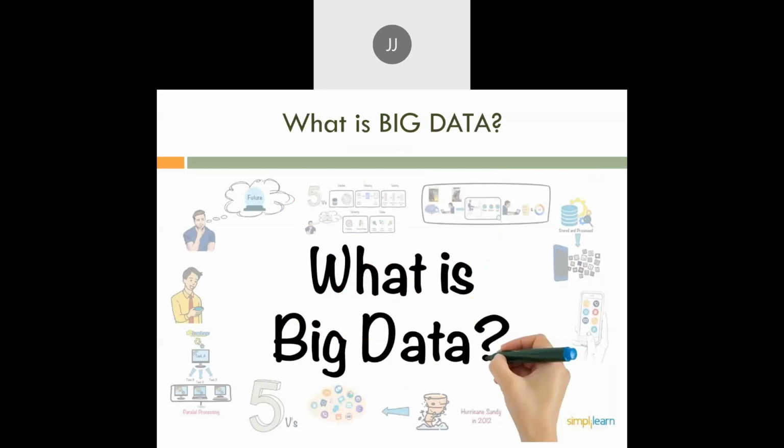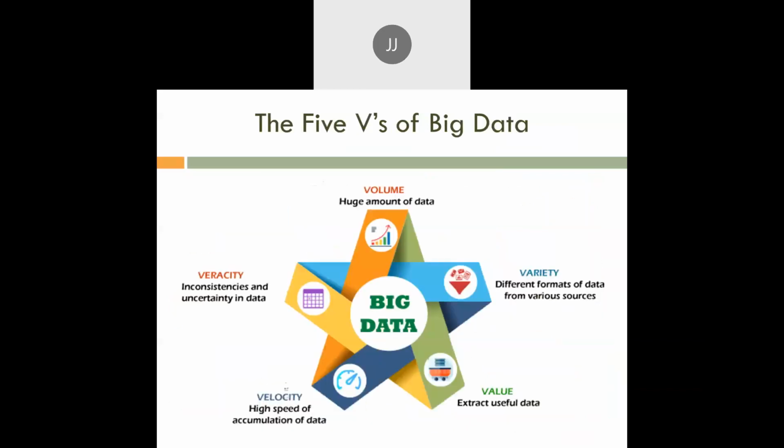Okay, so what is big data? Everybody is talking about big data. In this course, we define big data as the 5V. Normally they have 4V. So we have volume, a huge amount of data. If you have a high volume of data, it is considered big data.